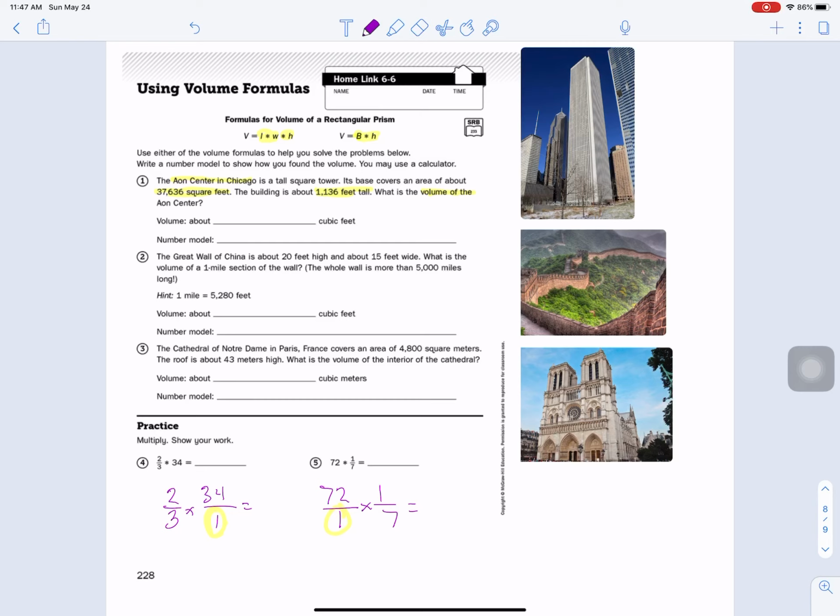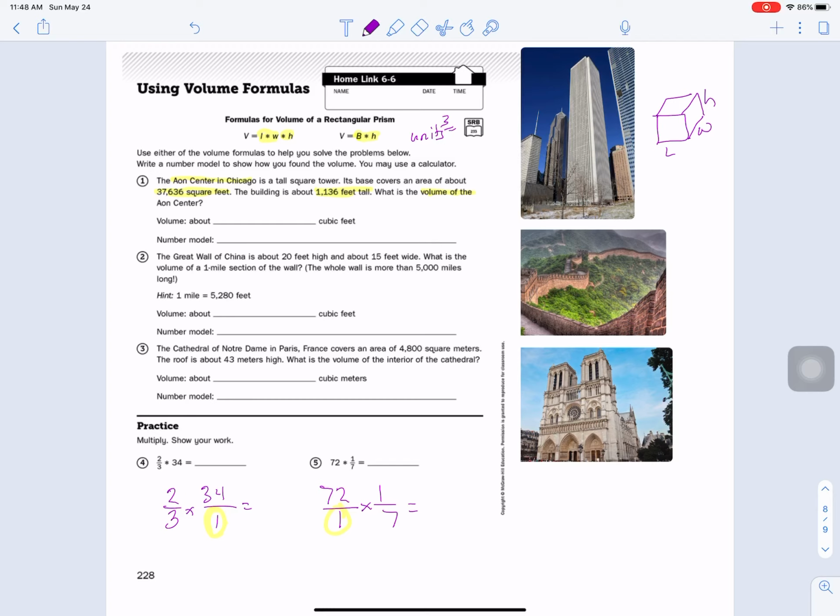When we have volume, we always have units cubed. Why is it units cubed and not units squared? It's because we're talking about three dimensions, right? We have the length, we have the width, and then we have the height. That makes our three dimensions, length, width, and height.